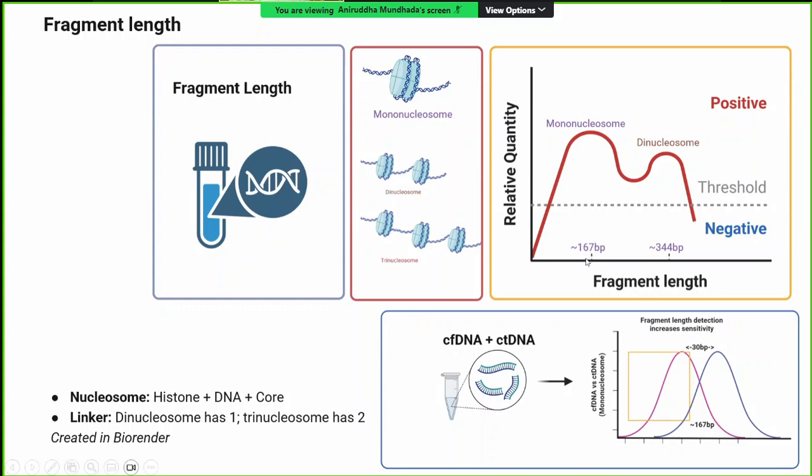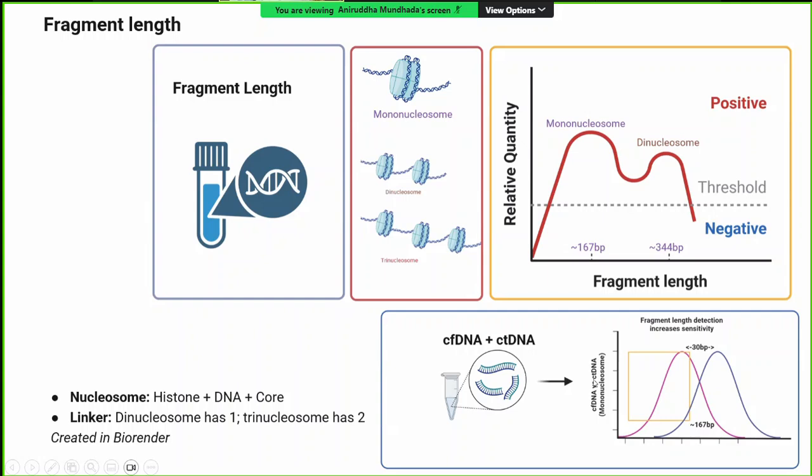So 167 base pair is what a mononucleosome fragment will measure. Double of that will be a 344 base pair fragment, which is a dinucleosome, and that is much rarer as compared to a mononucleosome. And this is what is detected when such an assay is tested for.